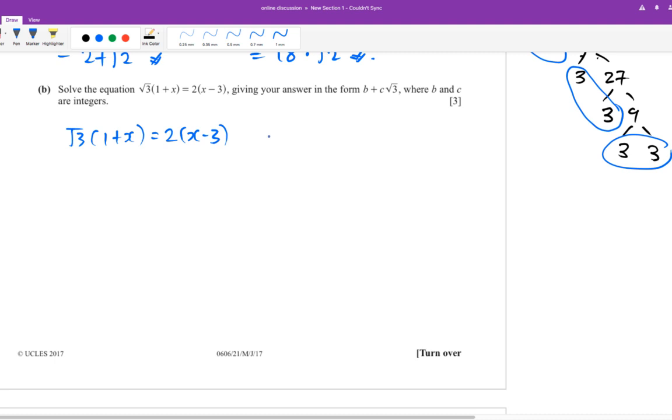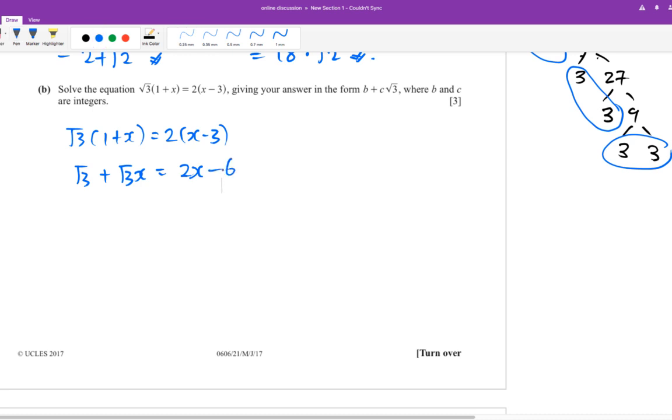So in order to solve this equation, I will need to do something on it. I will just expand it. Surd 3 plus x surd 3, or surd 3x. I will say surd 3 x equals to 2x minus 6.